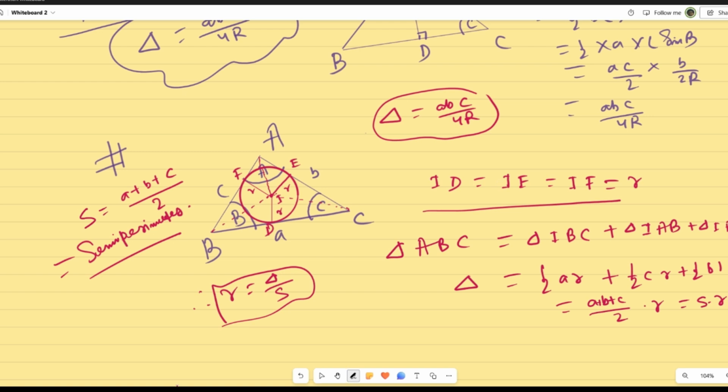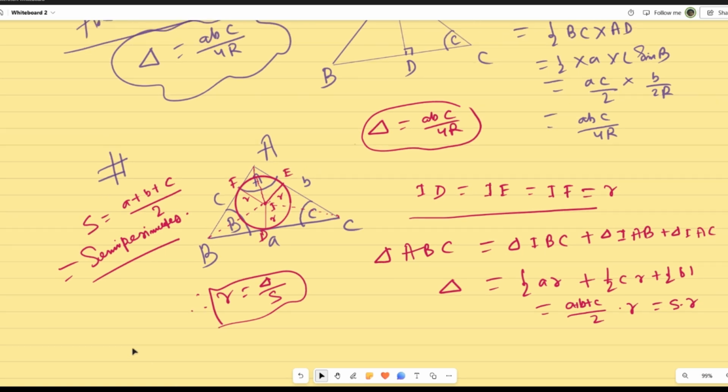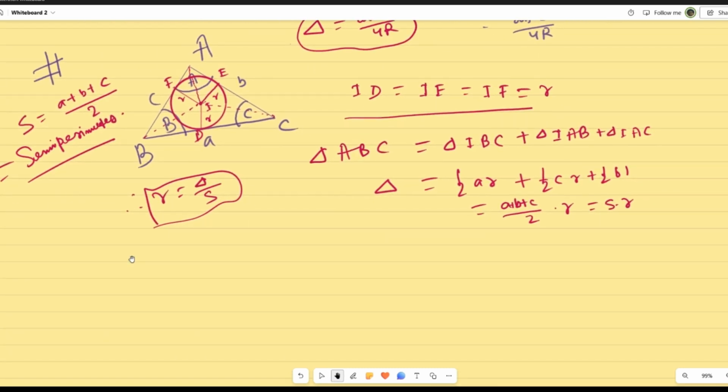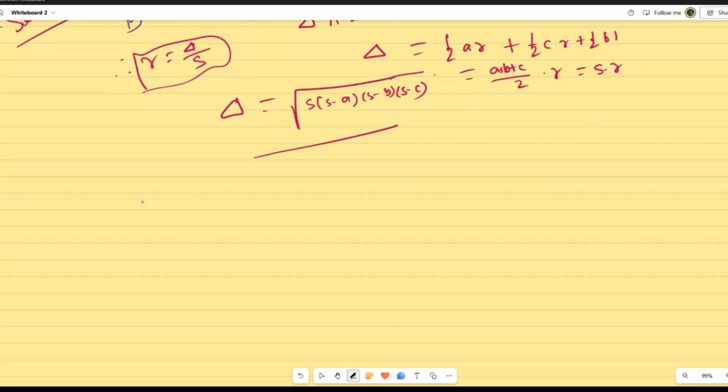And that great Heron's formula also sometimes helps. I think all of you remember it, that delta can also be written as the square root of S into S minus A, S minus B, S minus C. S is the semi-perimeter over there. We can write the formula for semi-angles.